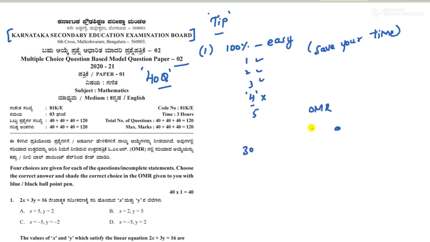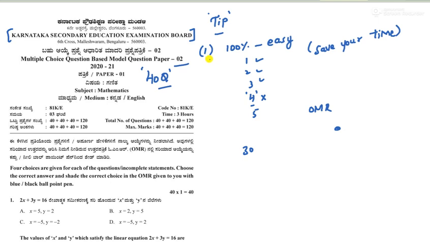Try to answer the questions which you are sure about in the beginning. Always finish the easiest questions first, then move to the moderate ones, and at last the ones which you are unable to solve. And by chance if you do not get the answer, you can mark any one option. Don't leave it blank, because who knows, the one which you have marked may be the right one.